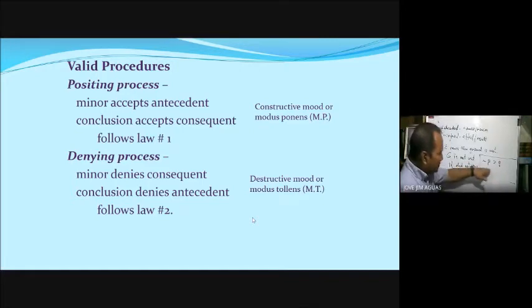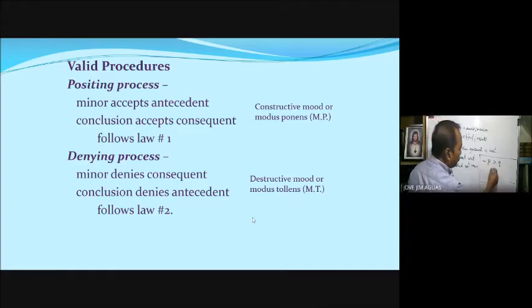Now, let's use this. Suppose this is the conditional: if not P, then Q. If I'm going to make a denying process here, then I will go this way. I will write Q here as the minor and put a negation here, because it's Q, it should be not Q. And then in the conclusion, instead of not P, it becomes what?